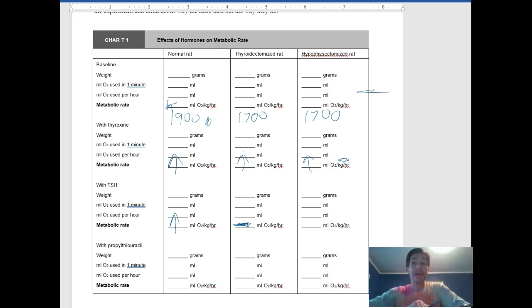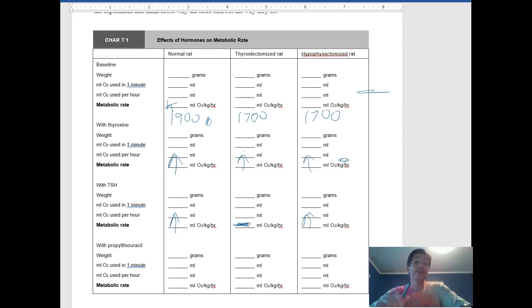So that rat's metabolic rate will stay low as it was in its baseline reading. Then you take the hypophysectomized rat and inject it with TSH, and you should have seen an increase here. So you're basically giving this rat back the hormone that it was missing, and the TSH stimulates the thyroid that is there. You get an elevation of thyroid hormone levels and elevation of the metabolic rate.